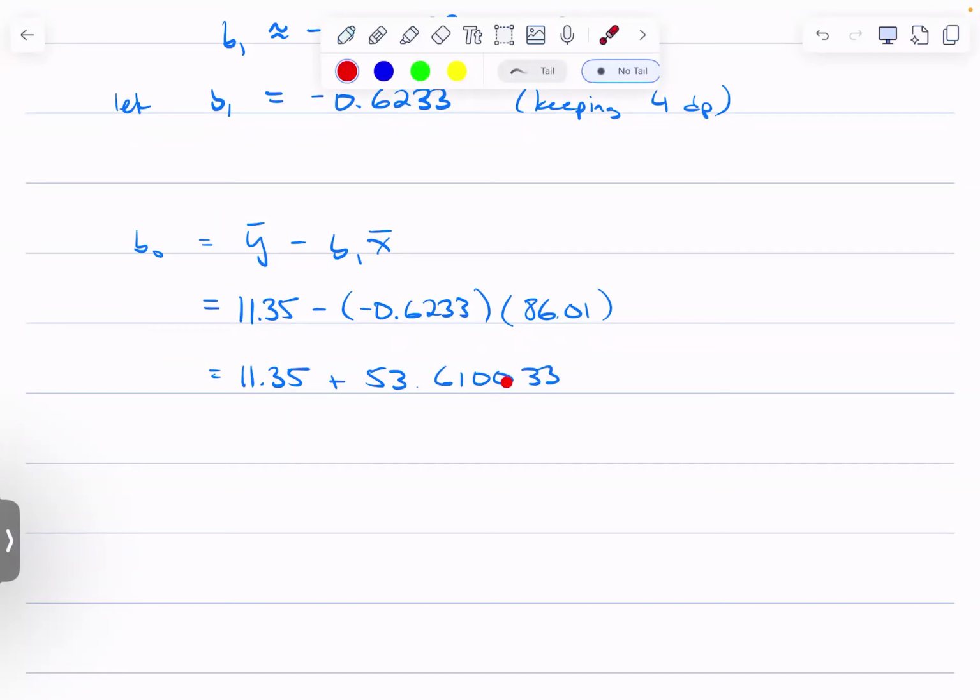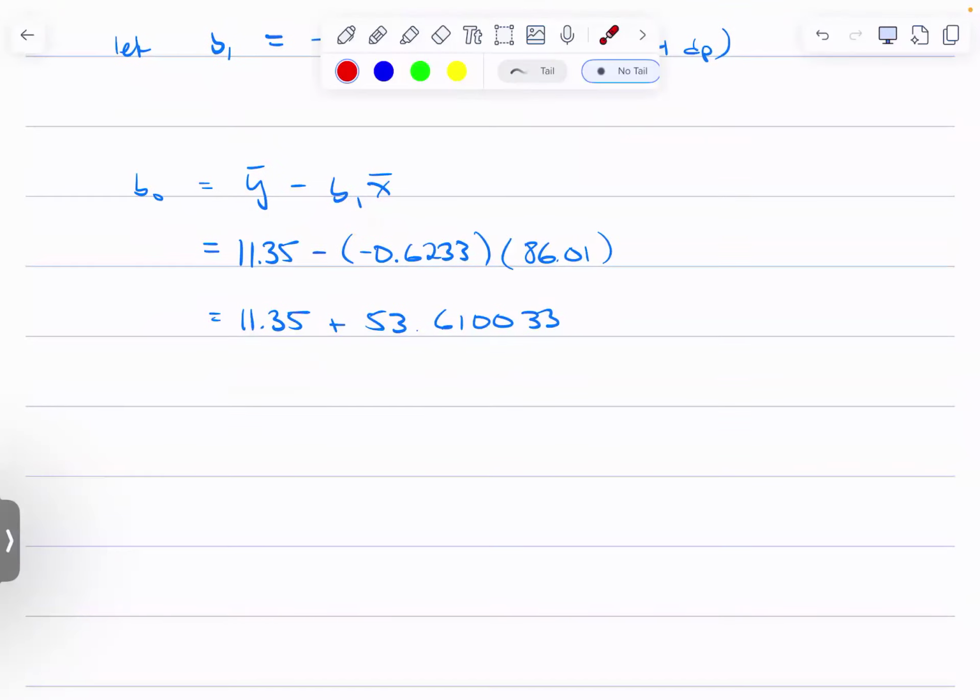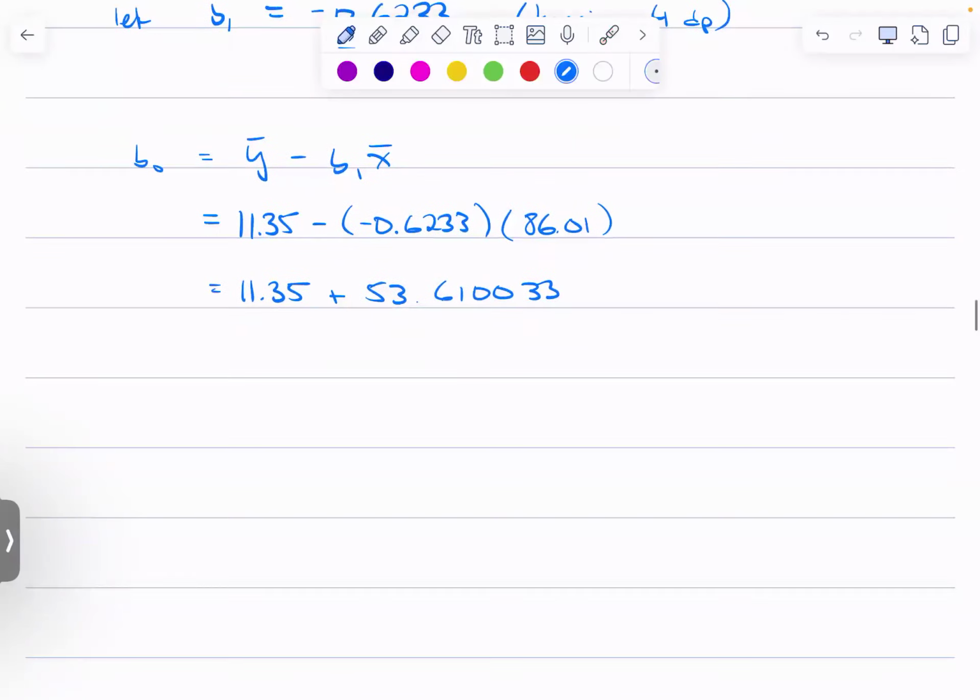Doesn't really make sense to keep all those decimal places because I already used a rounded value, but that's okay. Plus 11.35. Oh, I didn't ditch my negative. 11.35 plus 53.61, because a negative being subtracted is addition. I get 64.960033.